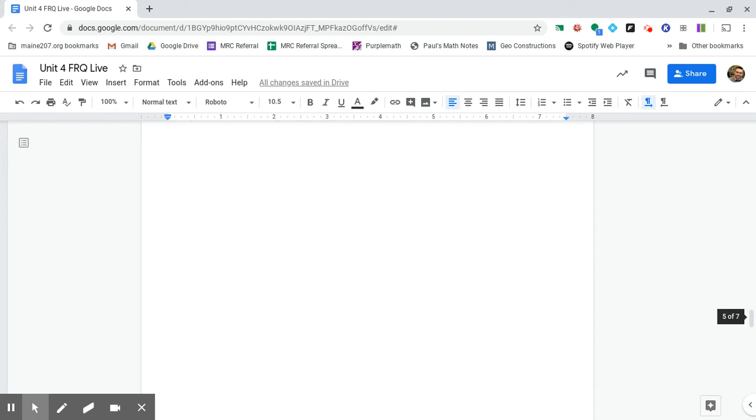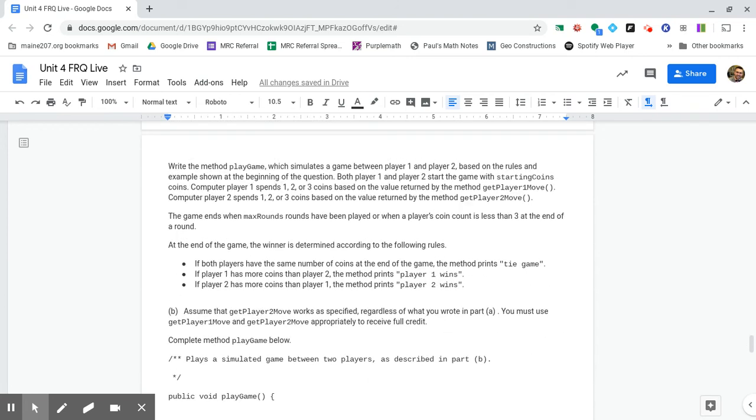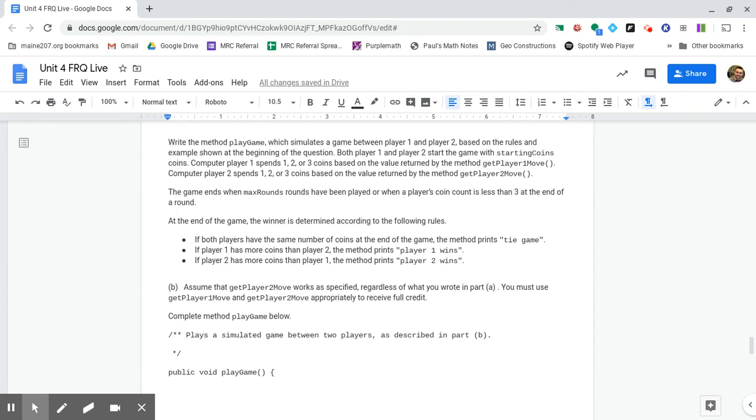So let's come down here and think about this a little bit. To finish some explanations, we know that at the end of the game, the winner will be decided based on the following rules. If they have the same number of coins, it's a tie game.